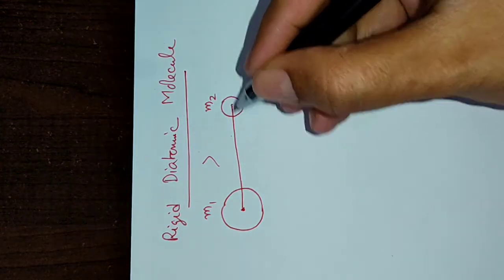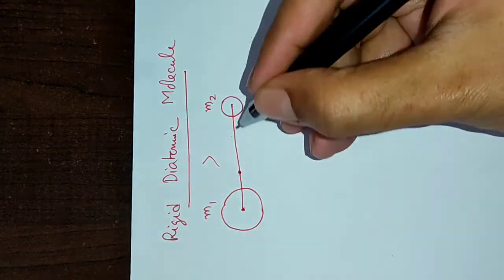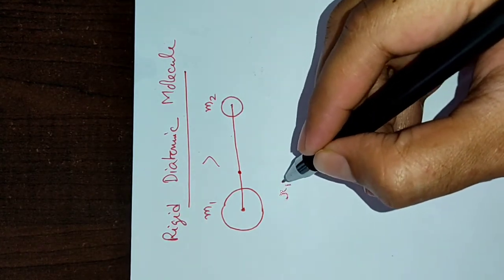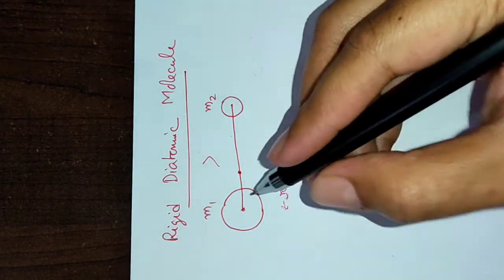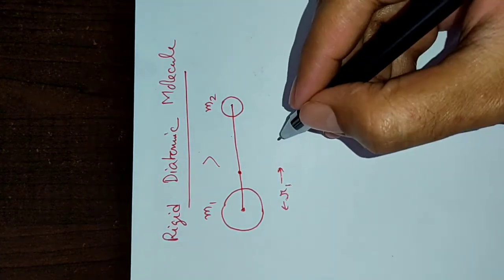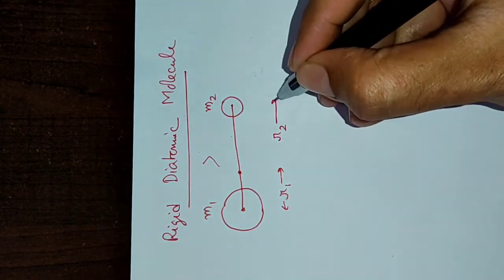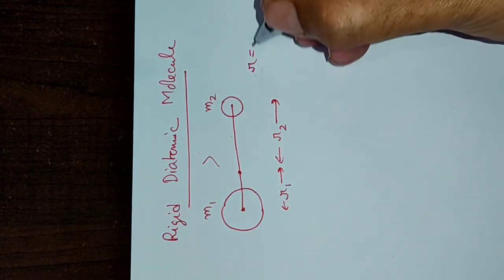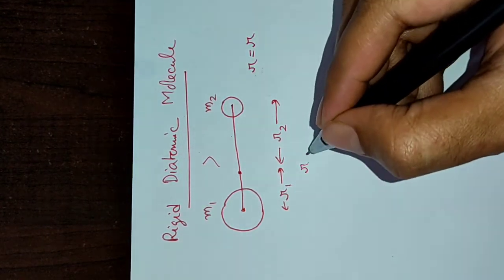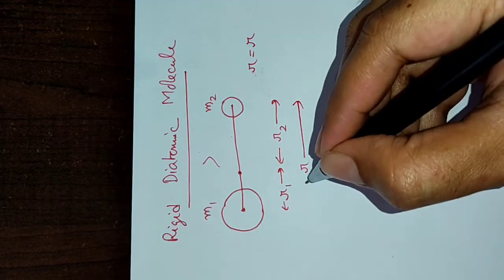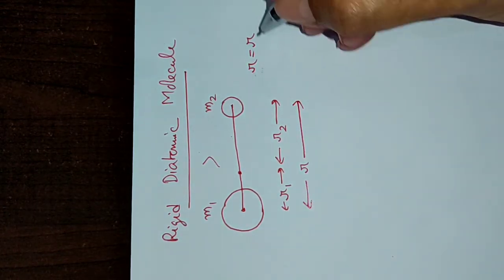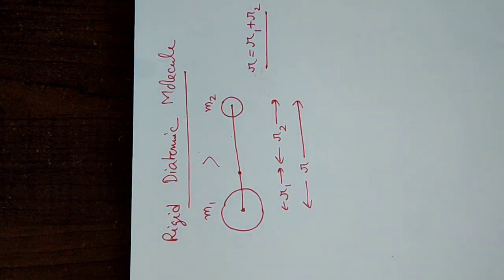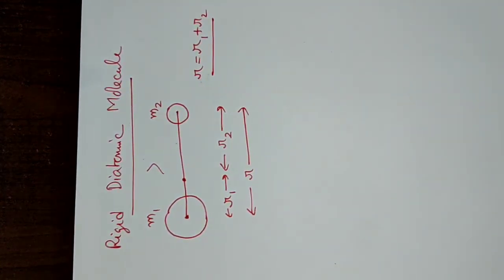So the center of gravity will lie closer to the heavier one. Let this distance from the center of the atom to the center of gravity be r1, and this one be r2. So what will be the relation? R, that is the bond length, will be equal to r1 plus r2. This is the relation.